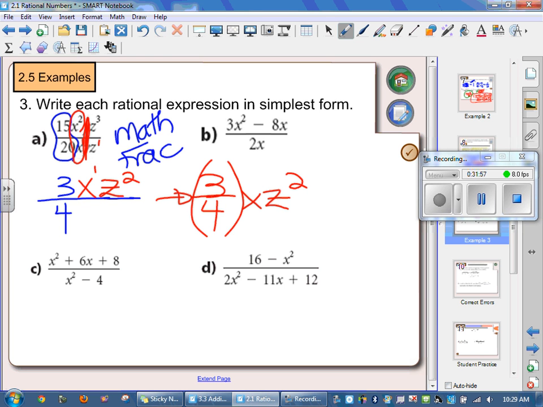If we take a look at the one on the right-hand side, all we're doing is like common factoring. They're dividing it by the common factor of 2x. So, again, we're going to divide both of them by 2x. I'm going to erase that 2x and write it underneath both of them. We're dividing by 2x. If you take a look at that 3 and 2 on the first one, they're not going to divide evenly.